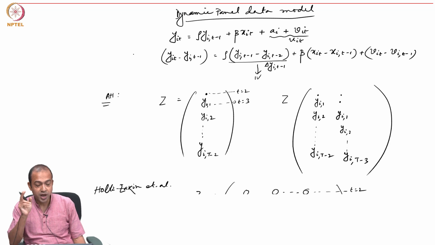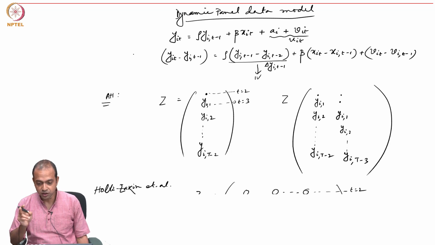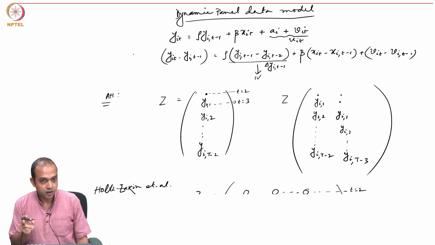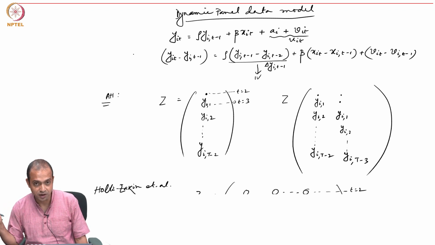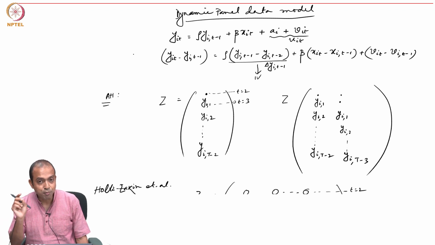Number 2, and very importantly, as we said, the number of time periods T should be small compared to the number of observations N. So, it is a case of micro panel where T is very small and N is very large.